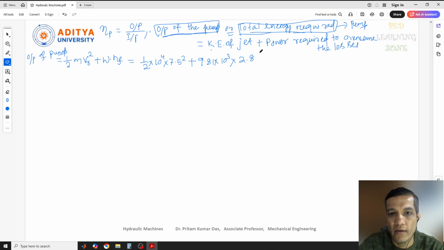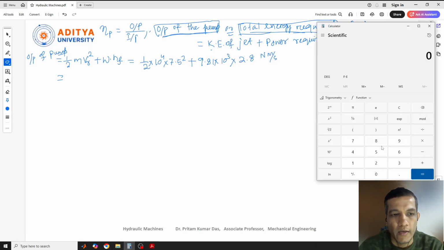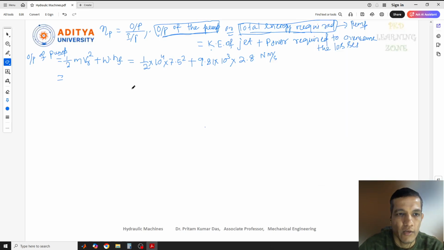So the output of the pump is in newton meter per second. Now we need to solve this. Taking the help of the calculator: 10 to the 4, that means 10,000, multiplied by 7.5 square, divided by 2, is 281,250.